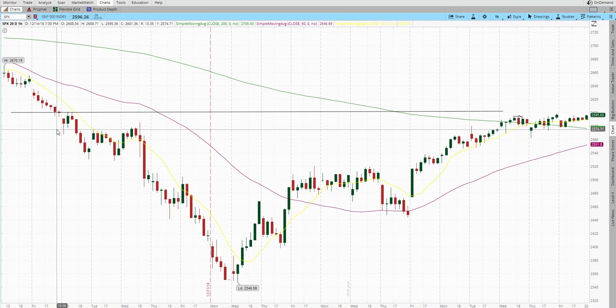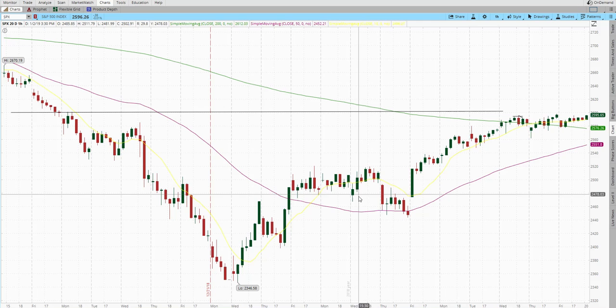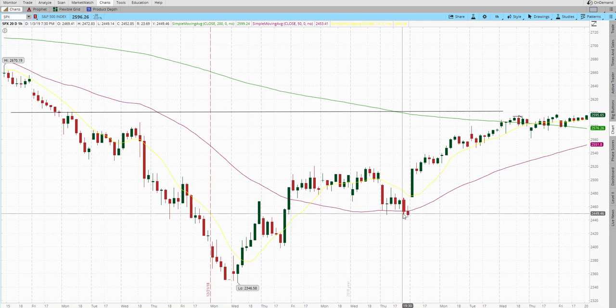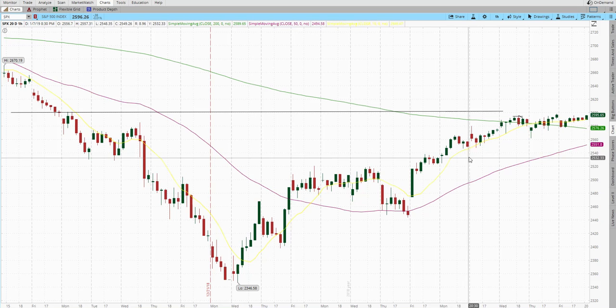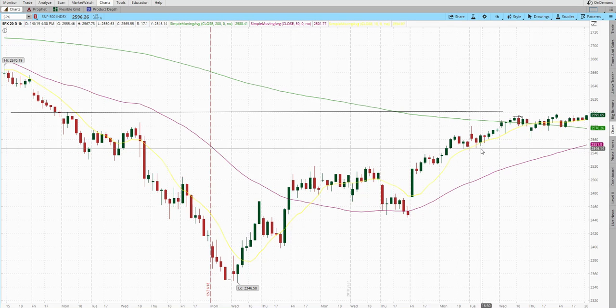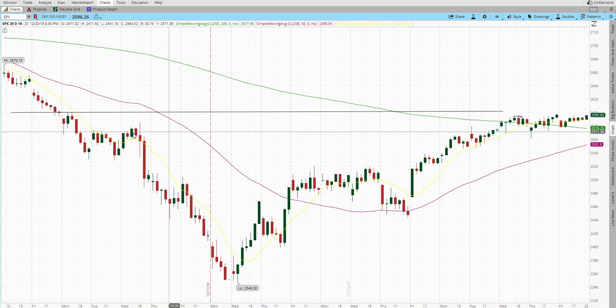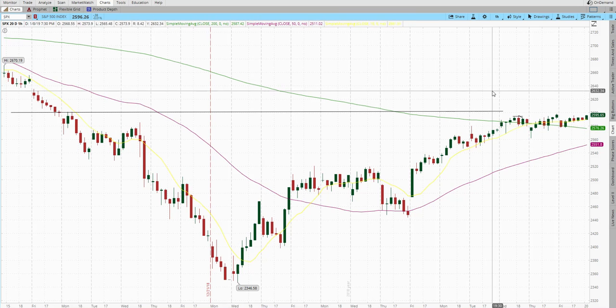So my estimation was, even though we have clearly seen this bounce up, this period of consolidation, a slight pullback into the moving average, and then a rally off of the moving average, I suspected that we were coming into an area of resistance right around the 2560 mark.